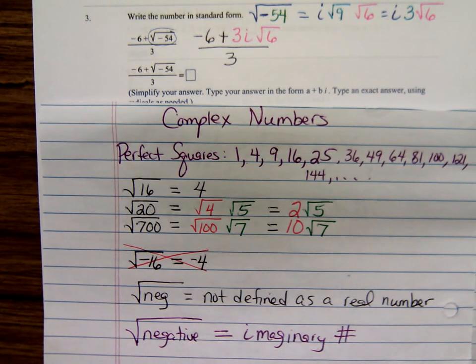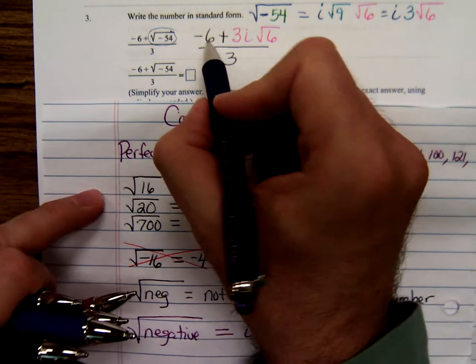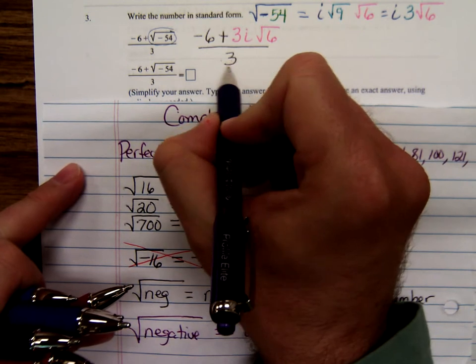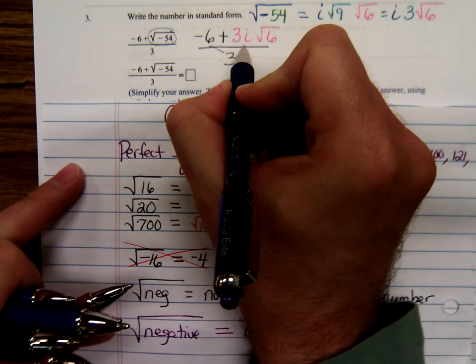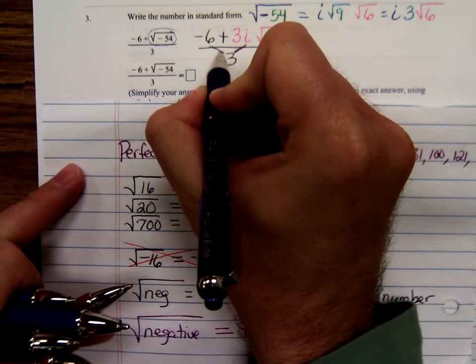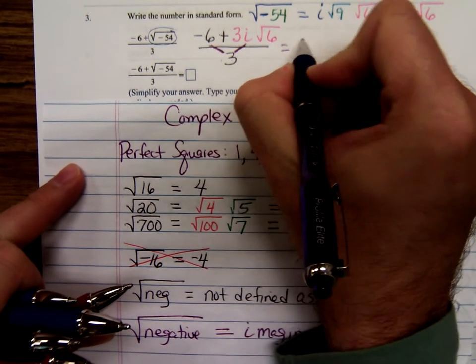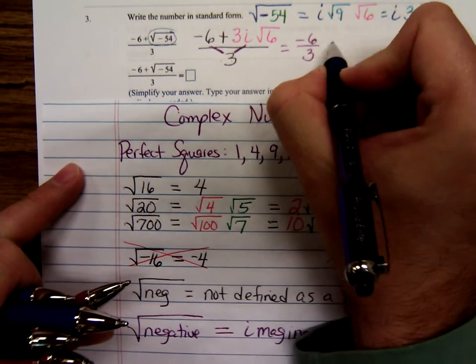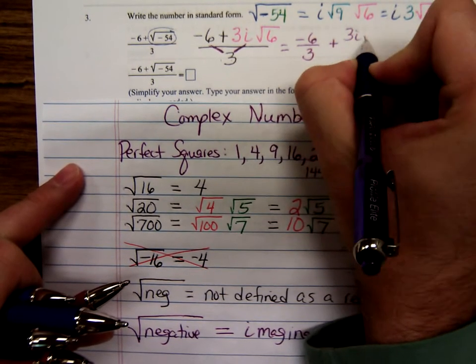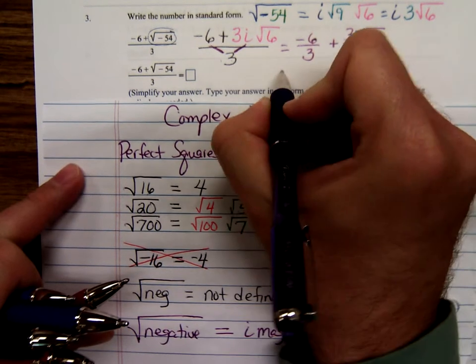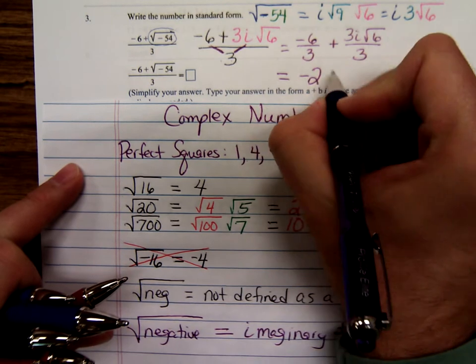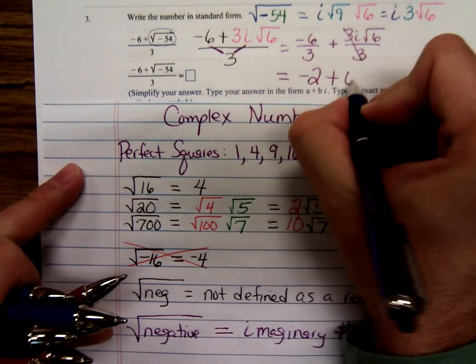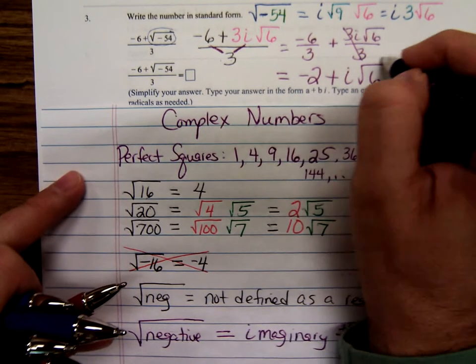In order to reduce this, both of these numbers are over 3. If you just have one number in the bottom, you don't just cancel it with one of these, you've got to separate it. So we'd have negative 6 over 3 plus 3i square root of 6 over 3. How would that reduce? To negative 2 plus i square root of 6.